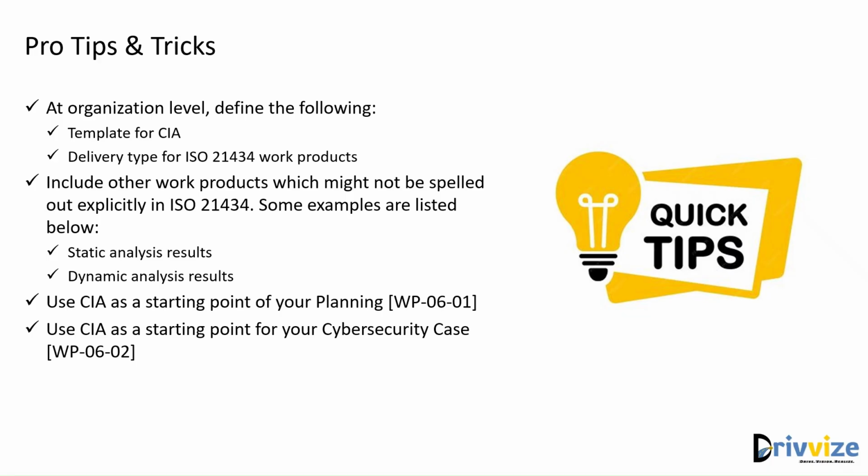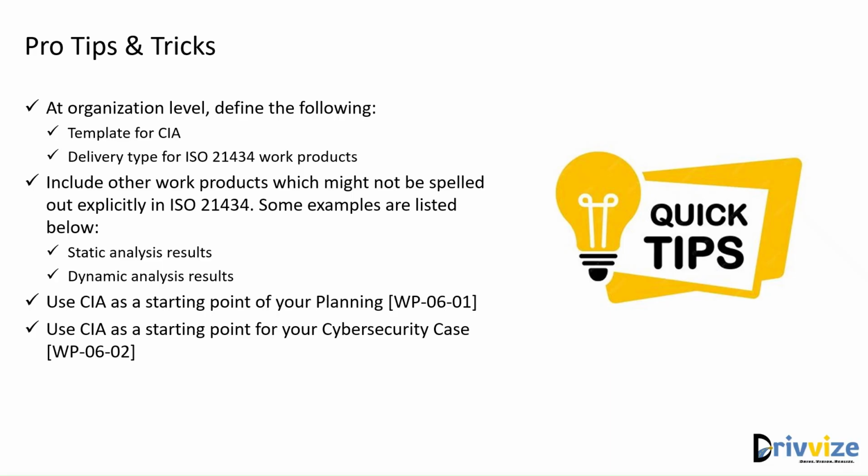And then we always used the CAA as a starting point for our planning activity. So the cybersecurity planning always started from the CAA. So why is this? Because in the CAA, given that you have identified the work products that you will be doing in your planning, you can start thinking about how you will be doing, when, who will be doing, what are the tools that you will require.